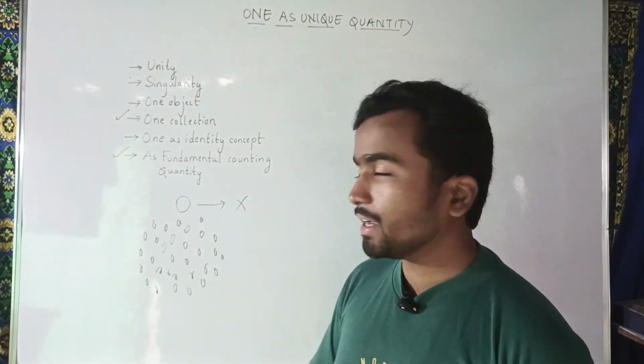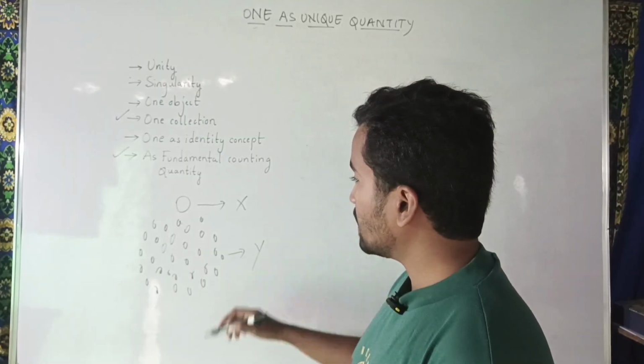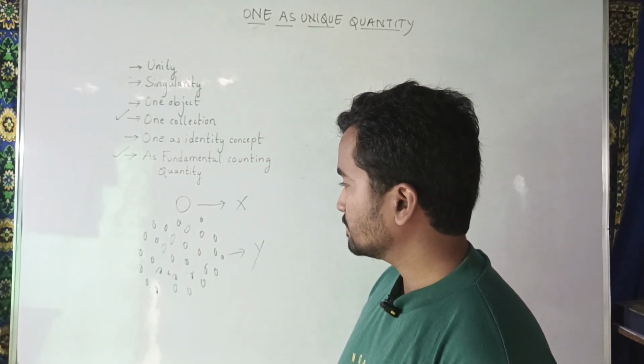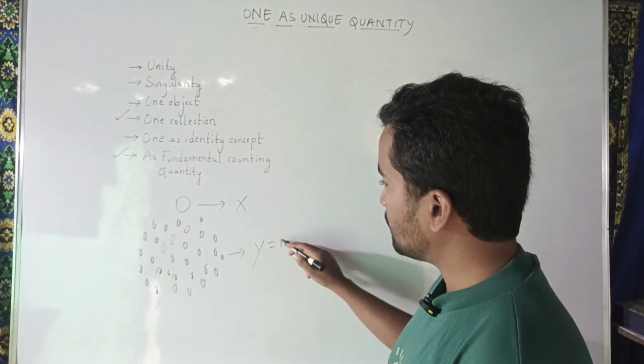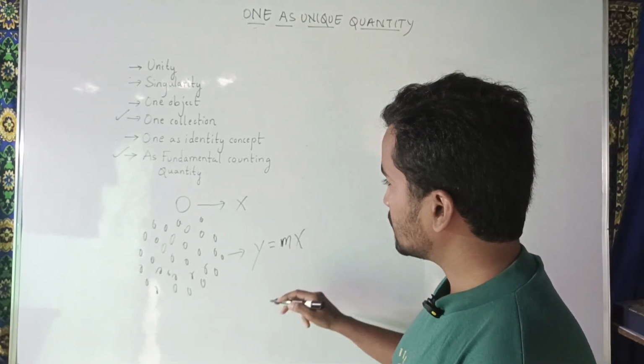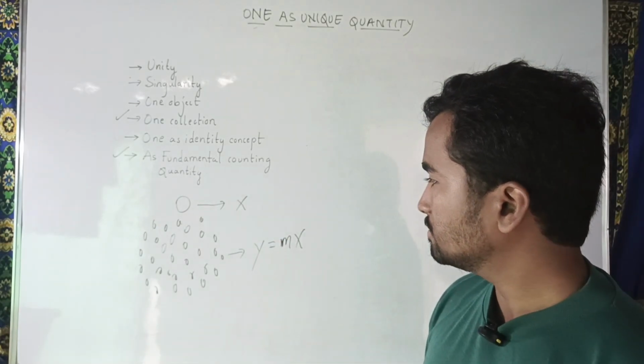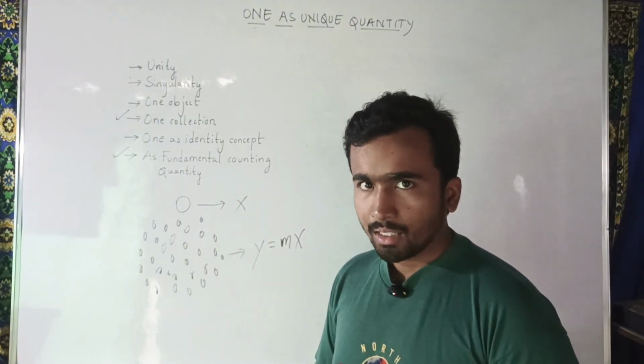Even if we made it, suppose I consider a certain value y, right, which is nothing but some value times this quantity, right?